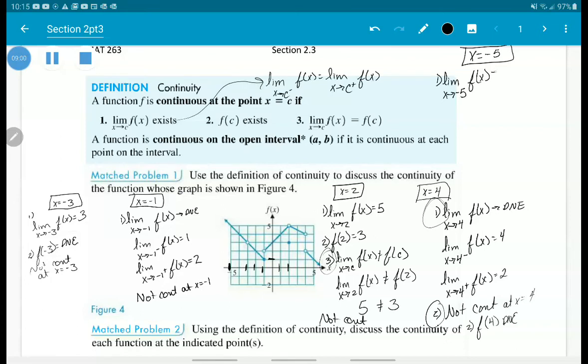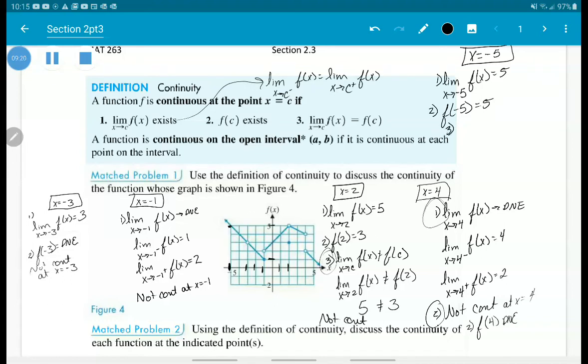And we can see that that limit, as we come in from the left and from the right, does exist, and it's equal to 5. And then f of -5 has to exist. So what is the value of the function at -5? Well, it's equal to 5.